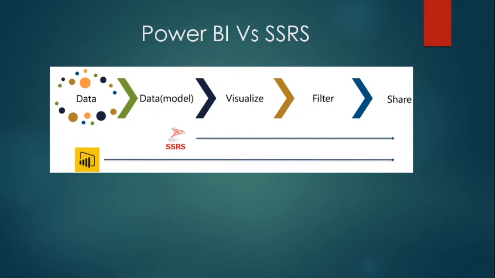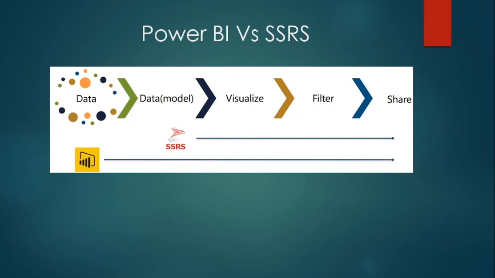Now, what is the difference between Power BI and SSRS? Before Power BI, SSRS was a powerful tool of Microsoft for visualization and reporting purposes. With the help of SSRS, we can visualize the data and also do the reporting on SQL data. But the problem was SSRS has limited data sources.